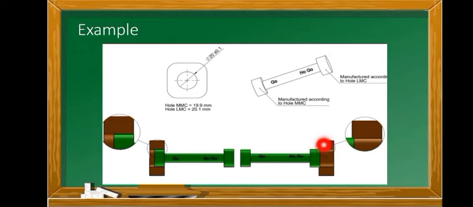Whereas the no-go gauge must not fit into the part or component, which means that this component is not lacking material or it is not too large. In other words, the go gauge should accept the hole that is to be checked, whereas the no-go gauge should reject.